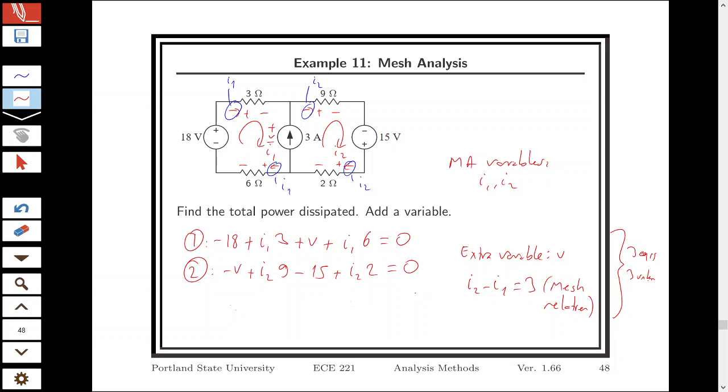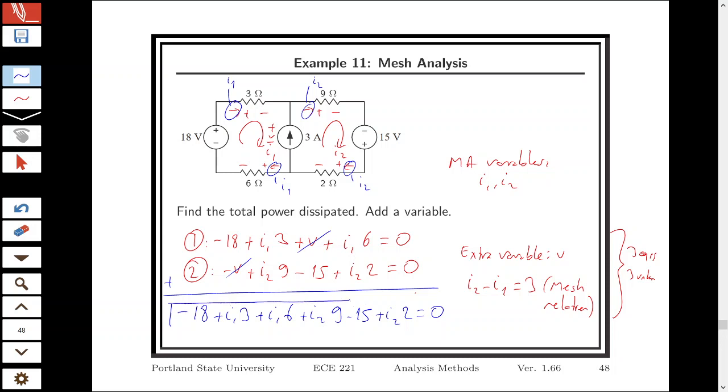However, now I want you to realize that when we add these two KVL equations, what happens? Those V's cancel out, and we have minus 18 plus I1 times 3 plus I1 times 6 plus I2 times 9 minus 15 plus I2 times 2 equals 0. Can you realize what type of equation this is?